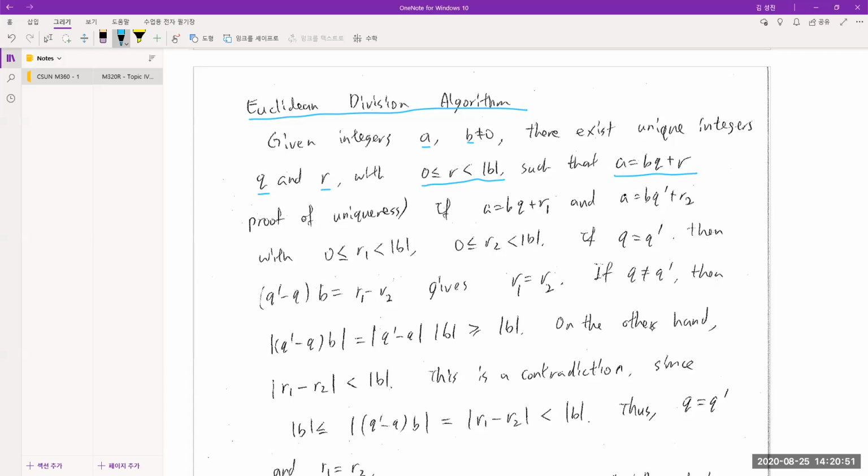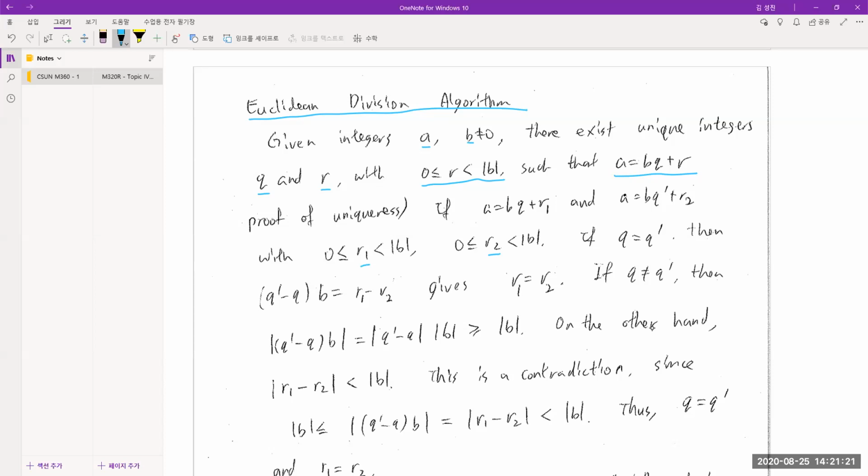Here's the proof of uniqueness. If a has two representations as bq plus r1 and bq prime plus r2, but both r1 and r2 are remainders, then r1 and r2 must satisfy the inequalities.